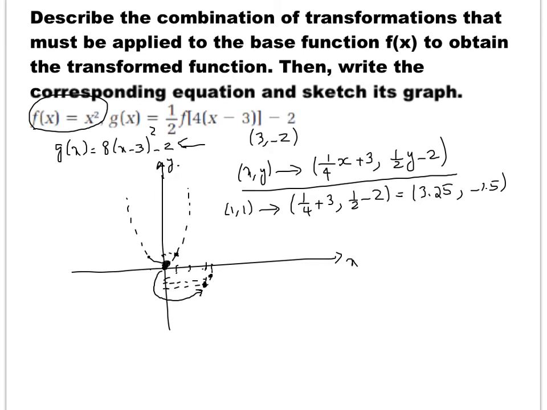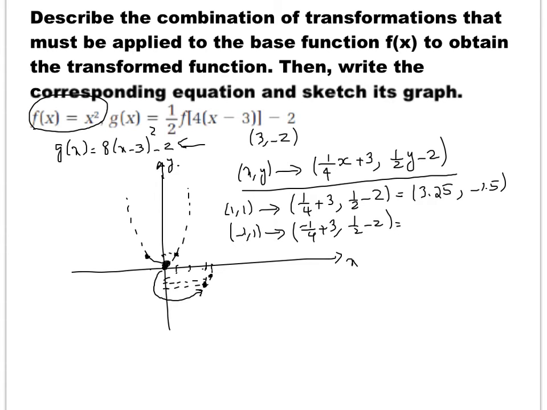And I'm going to do the same thing for this point, which is negative 1 and 1. It becomes 1 over 4 times negative 1, which is negative 1 over 4, plus 3, and 1 over 2 times 1 is 1 over 2, minus 2.